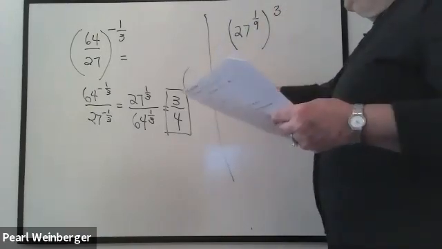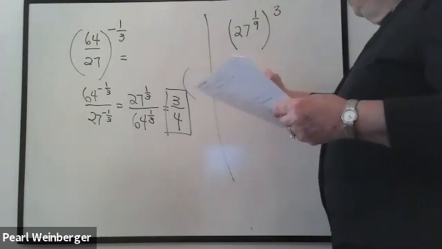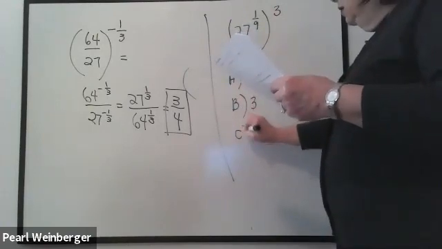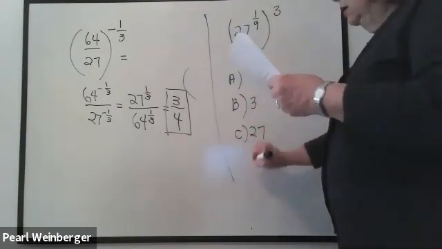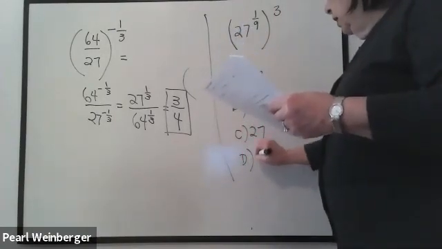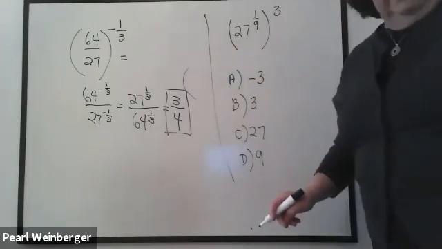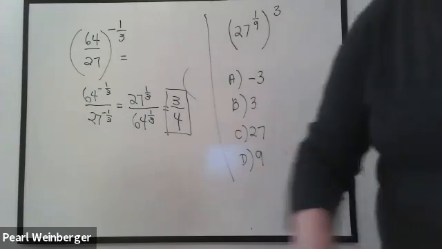And your choices are A, -3, B, 3, C, 27, D, 9. See which answer you come up with. I'm going to give you a couple of minutes.